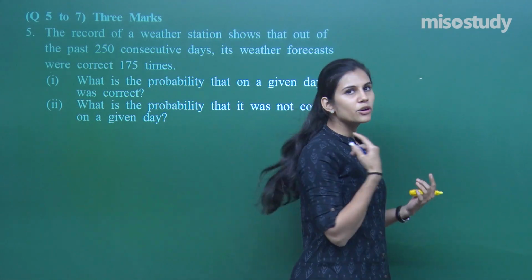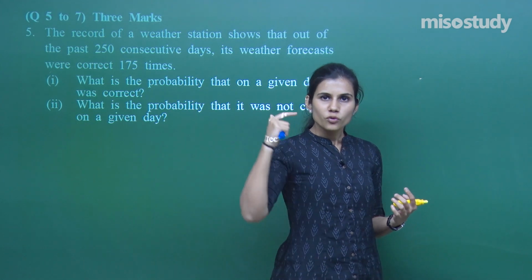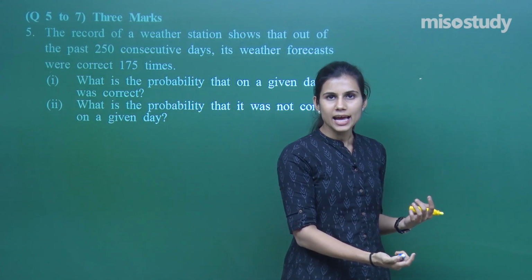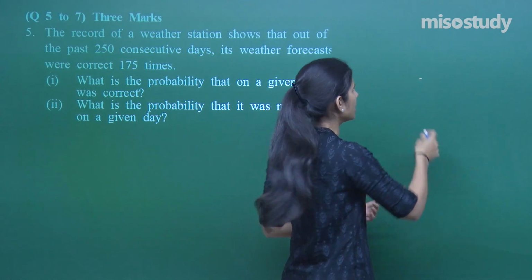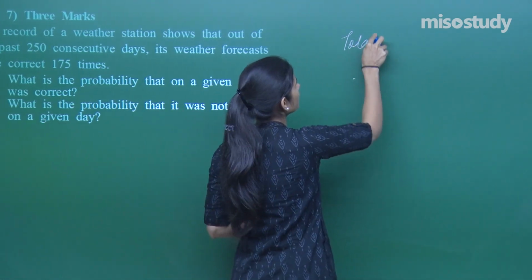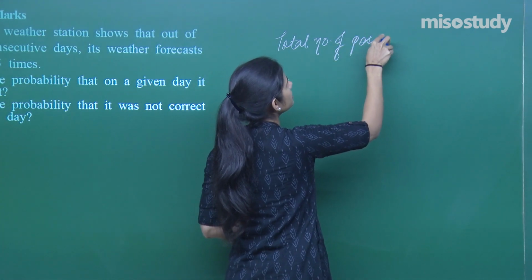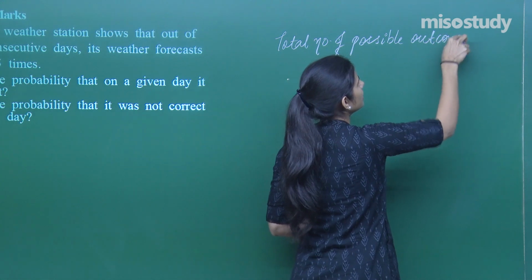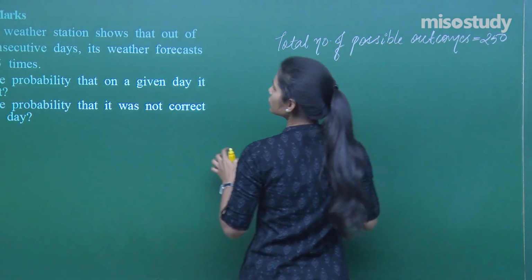The total number of days on which I have checked the weather forecast is 250. From each day I have a report, so the total number of outcomes is 250. The outcome is nothing but the report of that particular weather forecast.